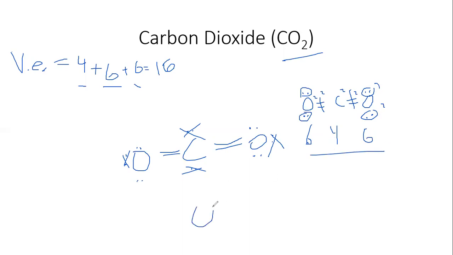So the final Lewis dot structure for CO2 is the central atom, carbon, with double bonds on each side to oxygen. You can really put the lone pairs anywhere, but you can only have 2 lone pairs, 4 valence electrons, on the outside of each oxygen.